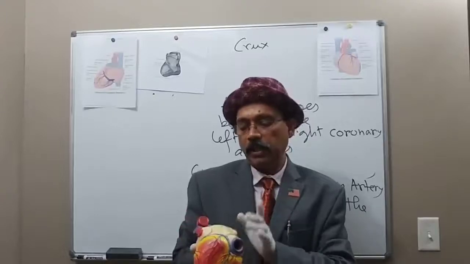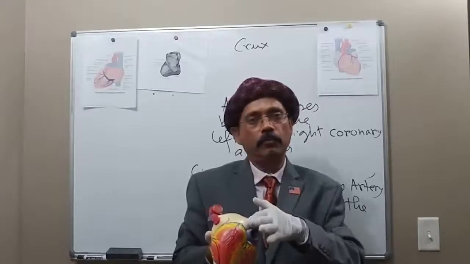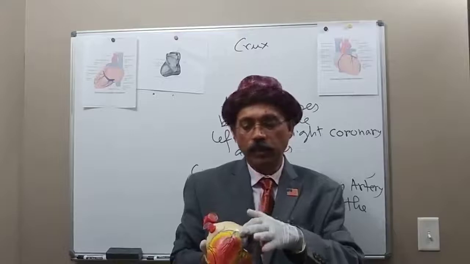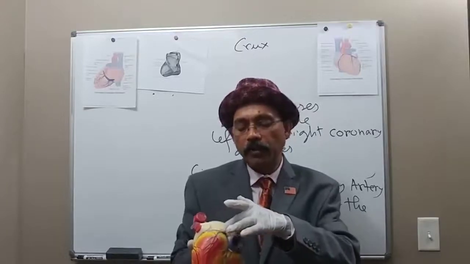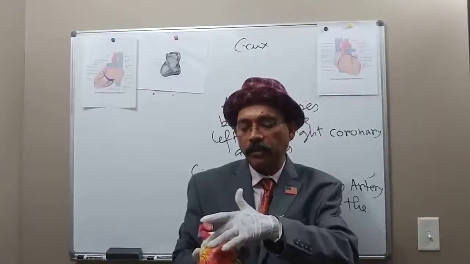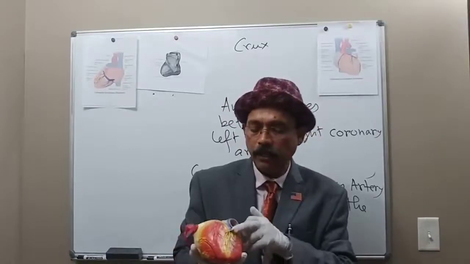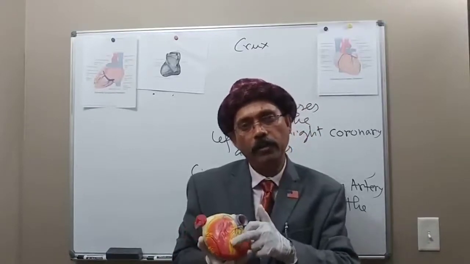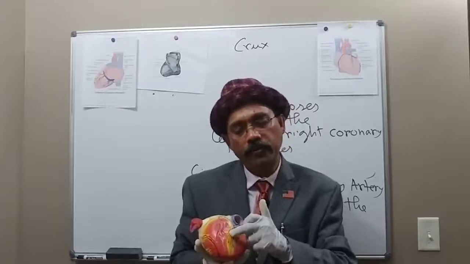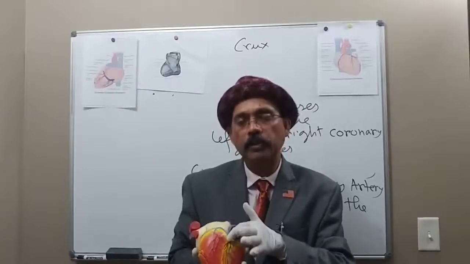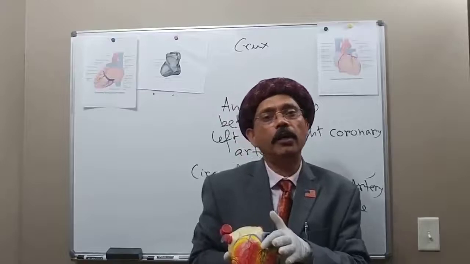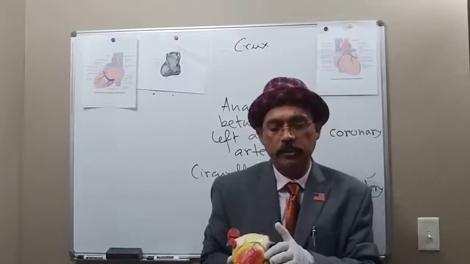This is the right atrium, left atrium. They are coming close together. This is the coronary sinus ending up here. The circumflex artery may come here. Right coronary artery gives rise to the posterior interventricular artery, also called posterior descending artery. So this point is called crux, C-R-U-X, crux of the heart.